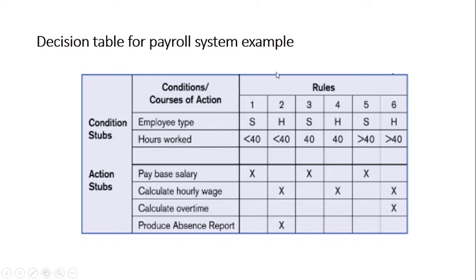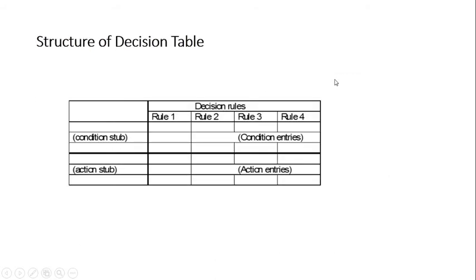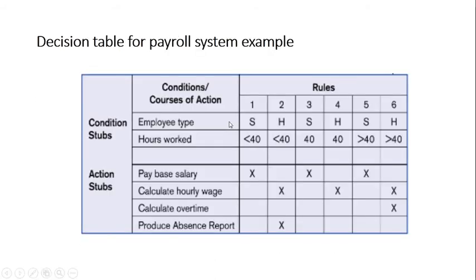So see, the first combination is if a person is salaried. Now what was the condition given in the decision tree? Remember, if the person is salaried, you normally have to pay the basic pay directly. You don't have to calculate the hourly wages or overtime pay, right? You simply have to give the basic salary. So in all the 3 cases, if a person is salaried, we are simply giving the basic pay.